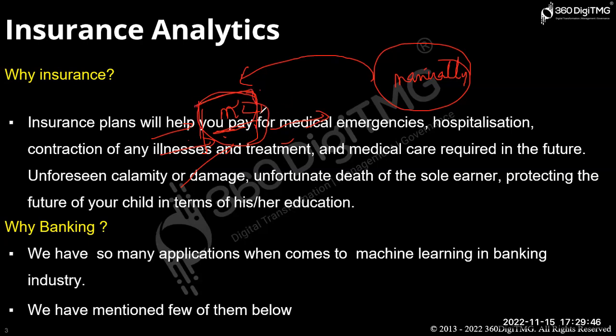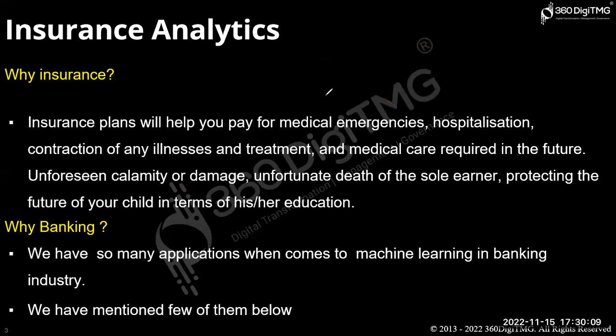You can simply train the machine learning model and deploy it so that you can avoid so much time wastage. It is not possible to deploy one manual person to go through all the records. Instead, we train one machine learning model and deploy it, and based on the previous history it will take the decision.